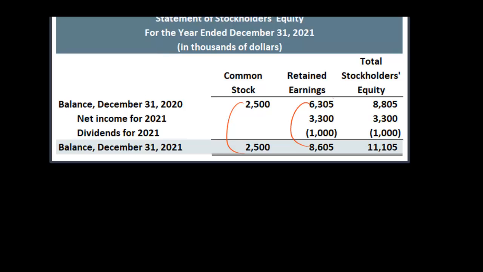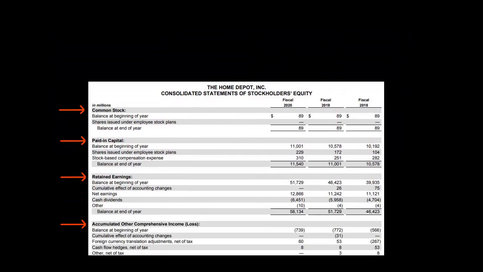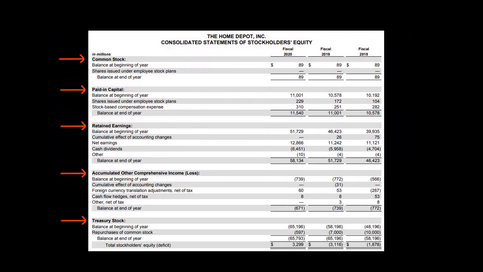Okay, let's do a real example. Let's take a look at Home Depot. It's a little more complicated because this is an actual company, and they've got 5 different accounts. Let's break this down. Here's their statement of stockholders' equity. They actually have the last 3 periods, but let's just focus on fiscal 2020 and what happened to their equity accounts during that period. I've already labeled the 5 accounts.